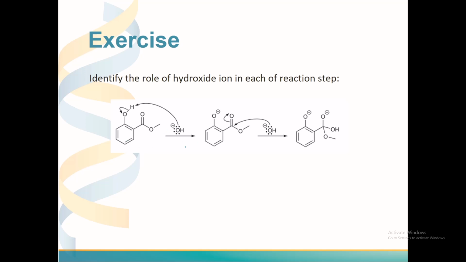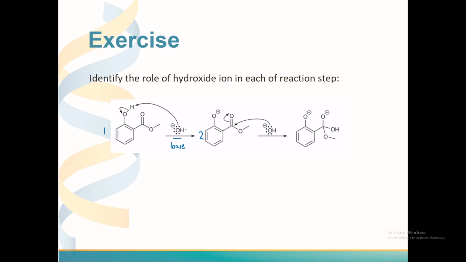So we have two reactions, the first one and the second reaction. Both react with hydroxide. Now the question is, are the hydroxides bases or nucleophiles, or bases and nucleophiles? As mentioned in the previous example, this hydroxide in the first reaction is attacking the hydrogen, which means this is a base.